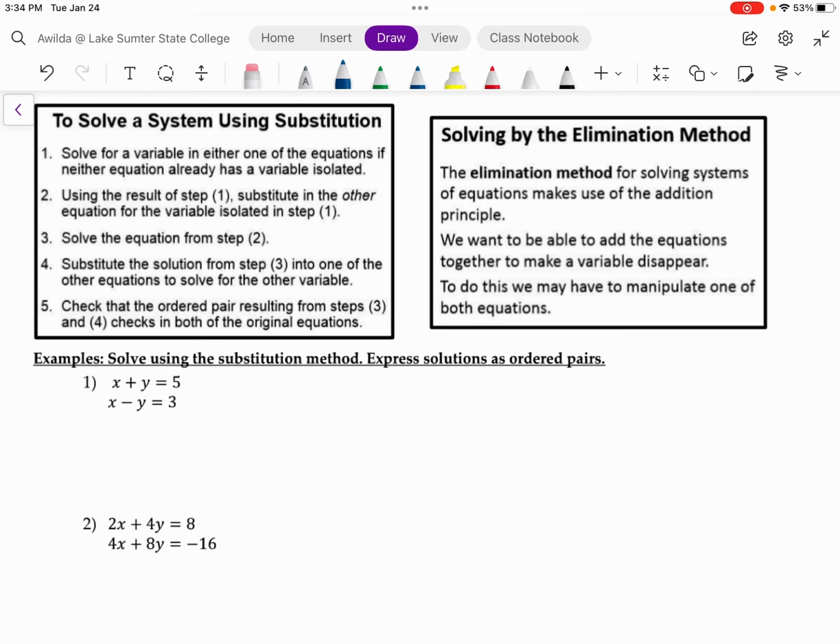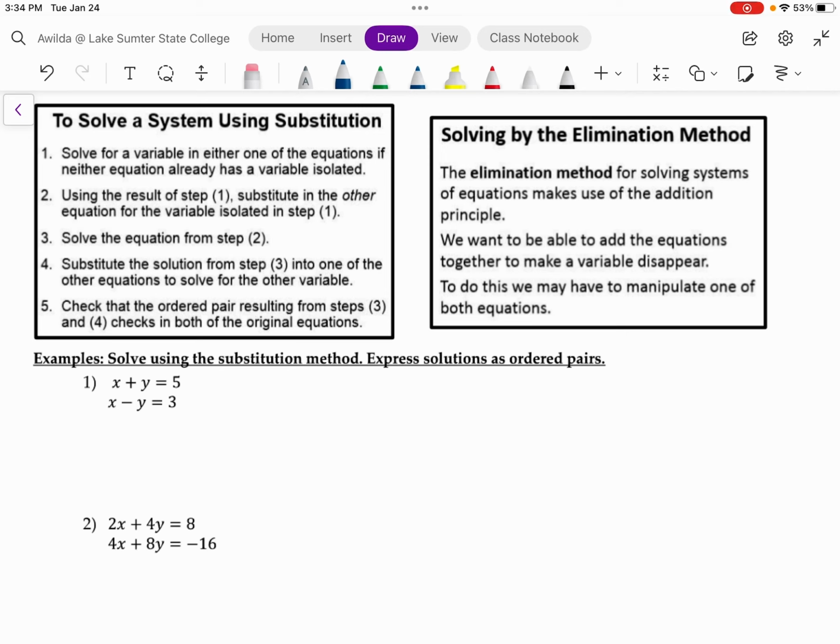And then we substitute that representation into the unused equation. Then we'll have to do some back substitution to solve for the other variable. We're going to practice this method first, and then we'll come back and do some additional examples using the elimination method, also known as the addition method. First, let's practice with substitution.